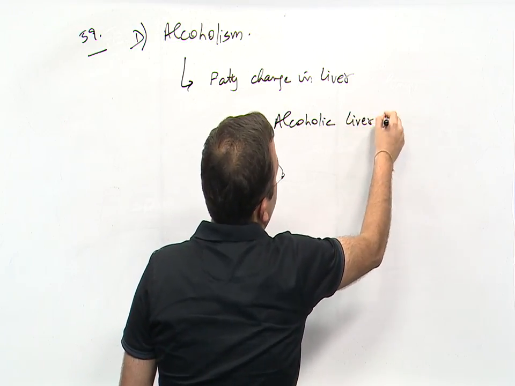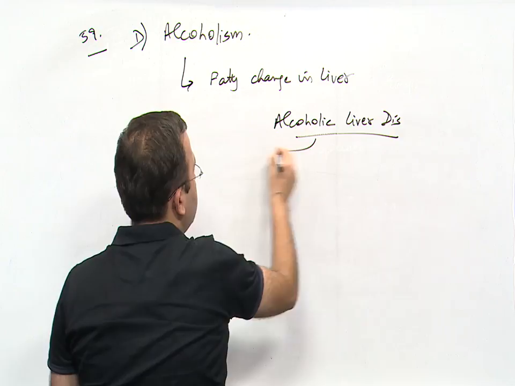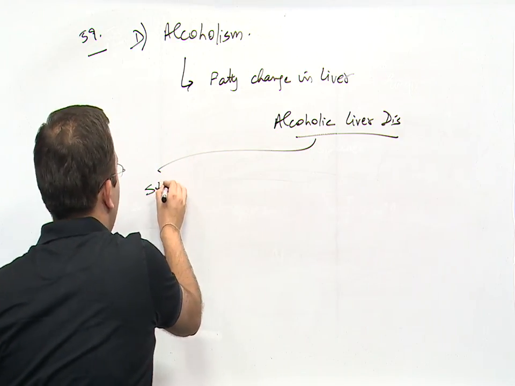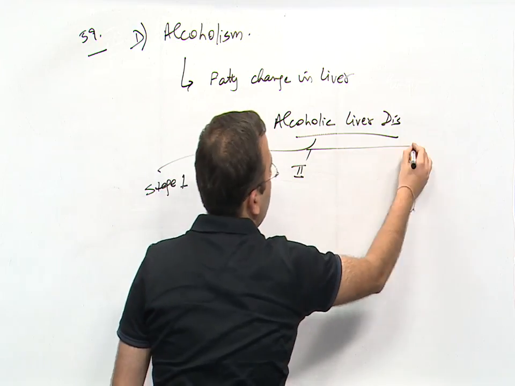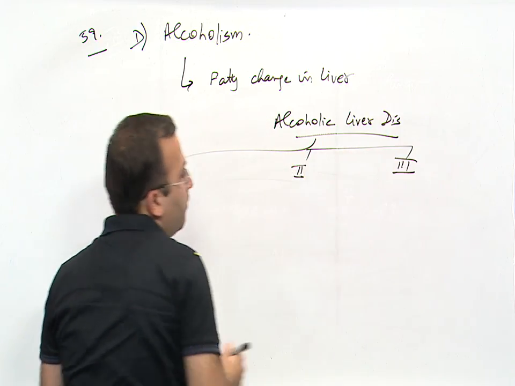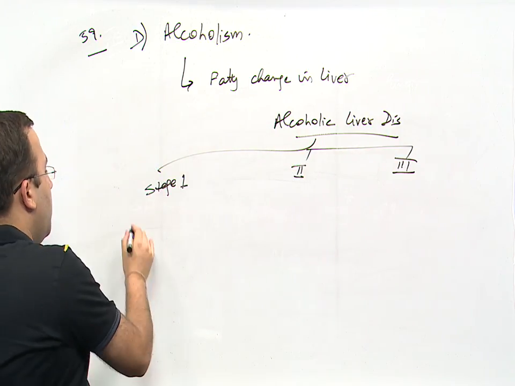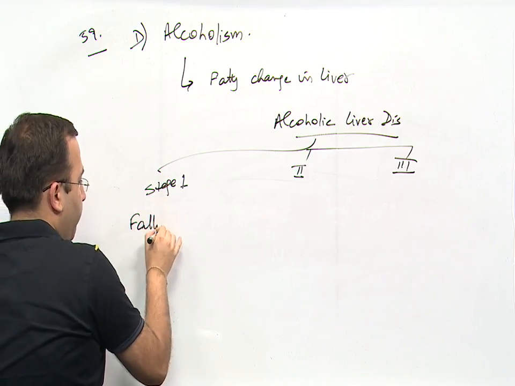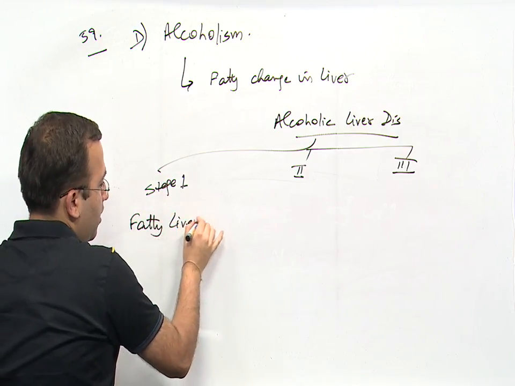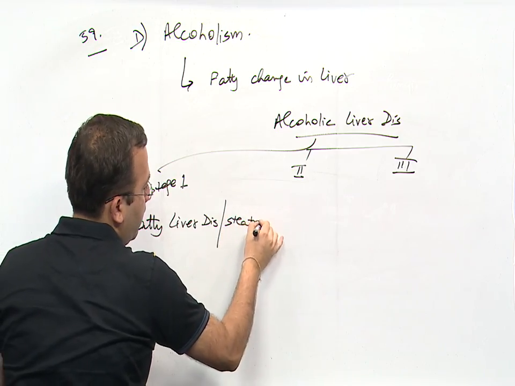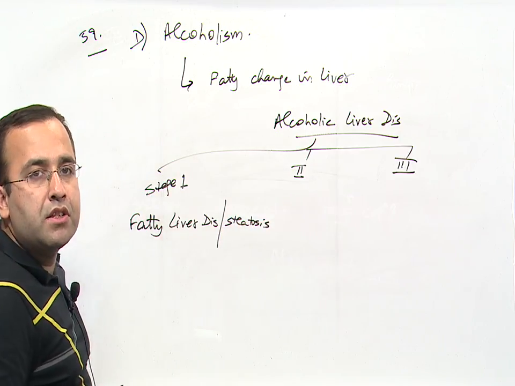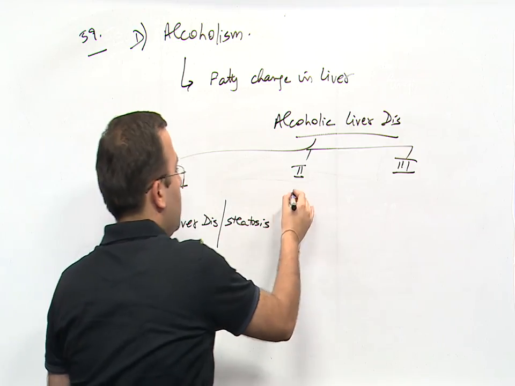Alcoholic liver disease has 3 stages. Stage 1 is called fatty liver disease or steatosis.